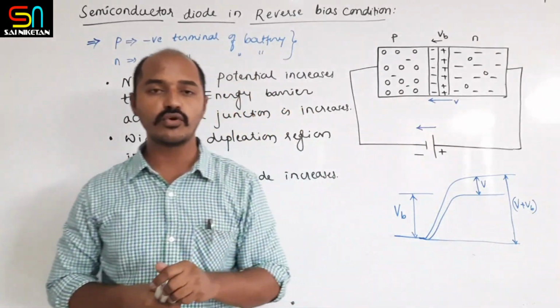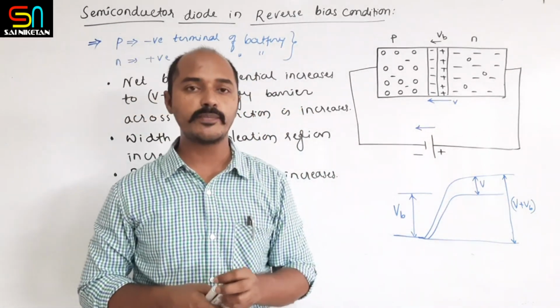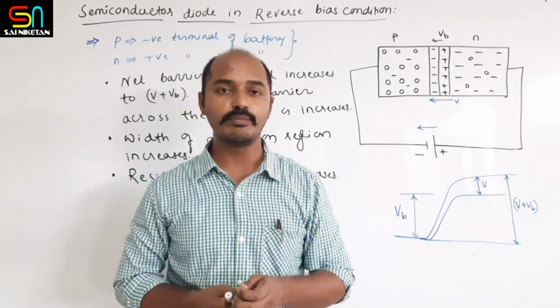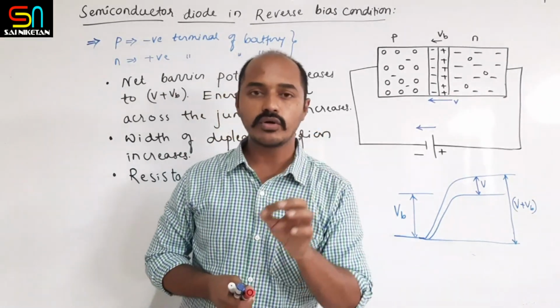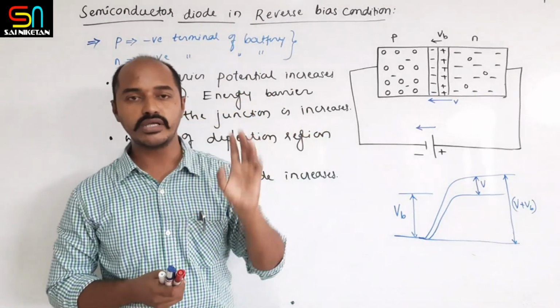Here, whatever current flows, a very little amount of current is flowing, in terms of microamperes. That little amount of current is because of the minority charge carriers.